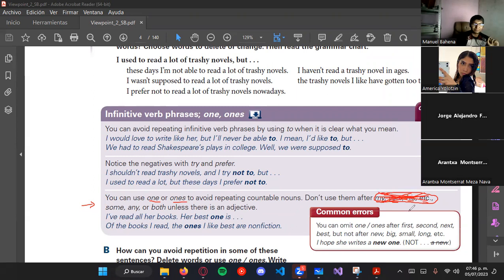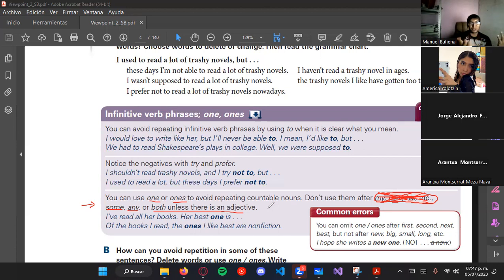Okay? All right. But we can use them with, also don't use them with some, any, or both. Unless there is an adjective. A menos que haya un adjetivo. Okay? Si hay un adjetivo, ahí sí podemos decir someone, anyone, porque se pierde. ¿De acuerdo ahí? Porque existen las palabras someone, alguien, anyone.